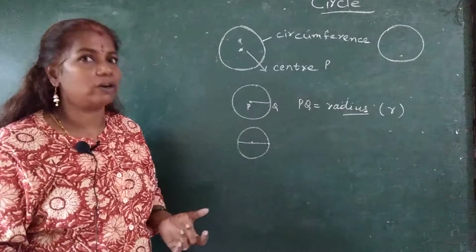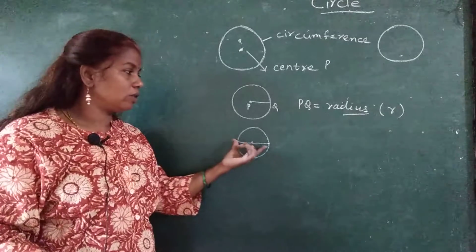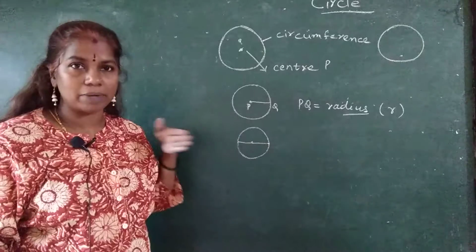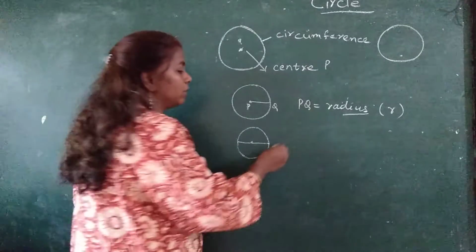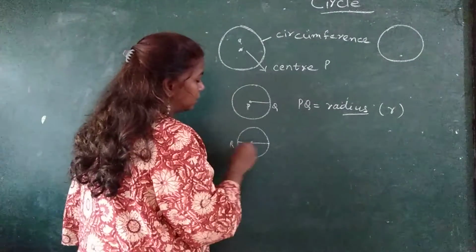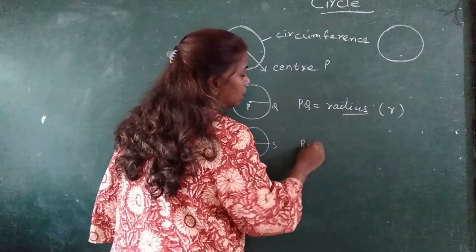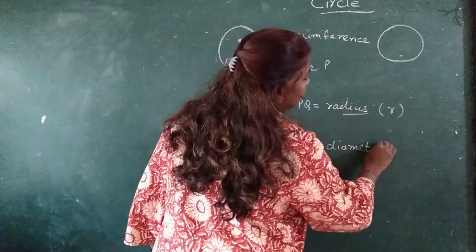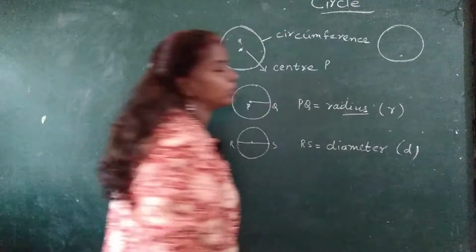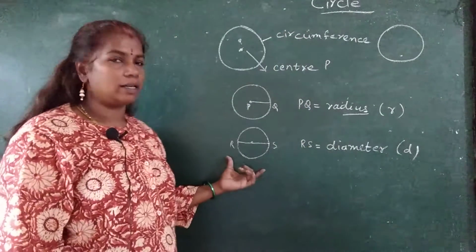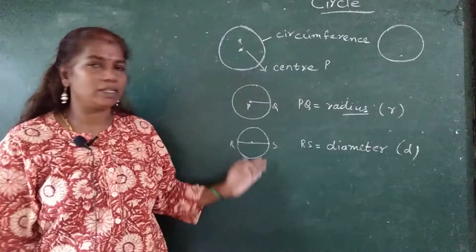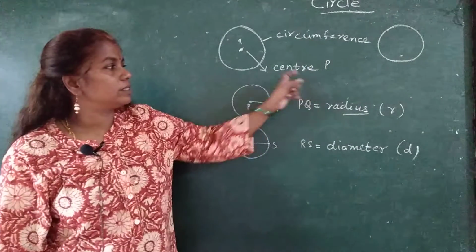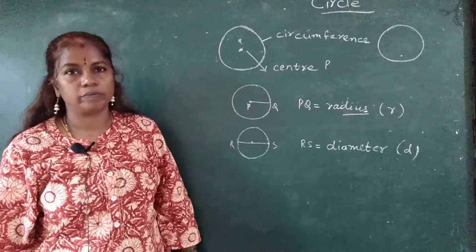I have drawn a chord touching opposite parts of the circumference but passing through the center. Now suppose I name it RS. So what is this RS called? Diameter. Okay. RS is the diameter and the short form is D. Got it? What I taught you? Circumference, center, radius and diameter.